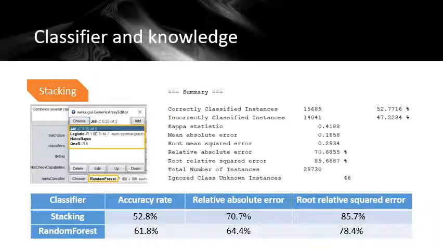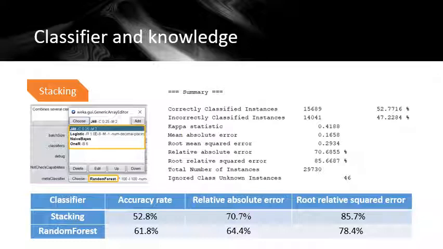In order to improve the performance of the classifier, we use the stacking method with the random forest classifier as the meta classifier, and the J48, logistic, naive Bayes, and 1R classifiers as the second level classifiers. Then we compare the result with the random forest, which is the best classifier in our previous analysis. But the tricky part is that the accuracy in this configuration decreased.